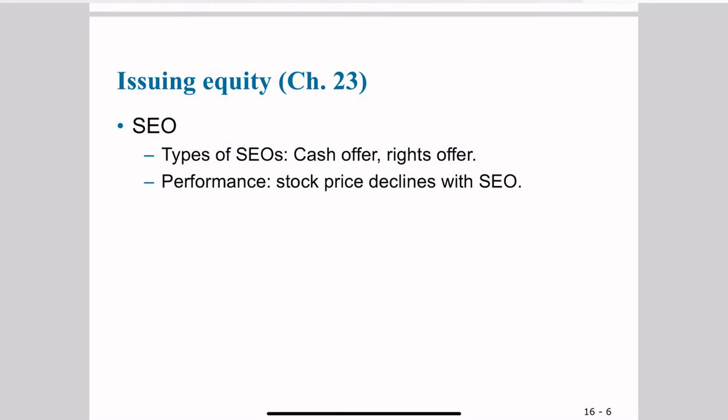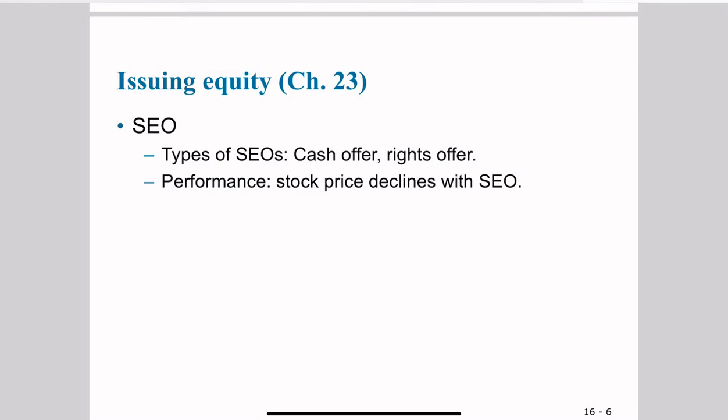And I would say this section is pretty simple. So basically, first, we have two types of SEOs: cash offer and rights offer. Cash offer basically means if you have cash, then you can buy shares. Rights offer means only the existing shareholders have the right to buy shares.